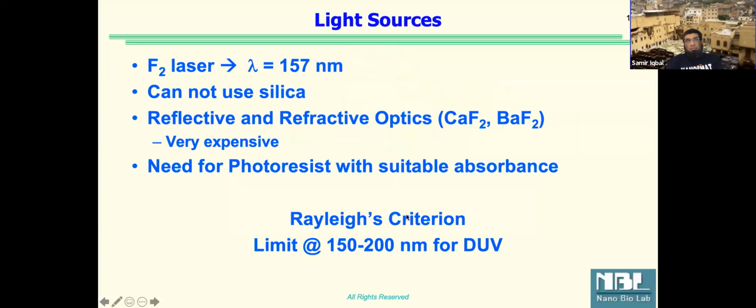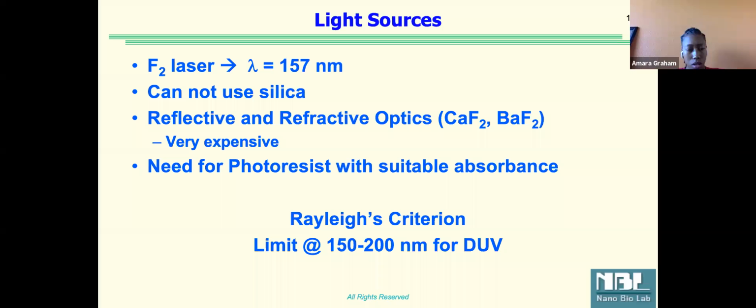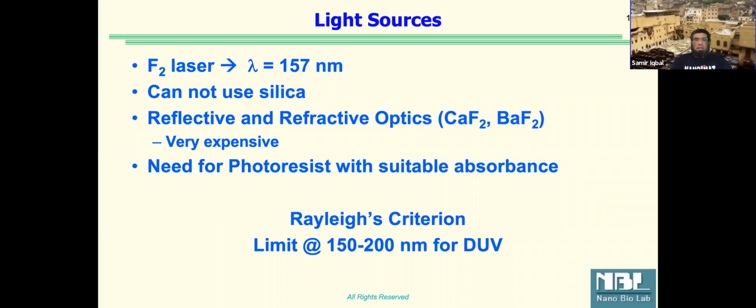All right, so if we keep on looking at how they did it, they then started using the F2 laser, right? F2, what is F2? Fluoride laser. But it has so much energy that you cannot use glass.